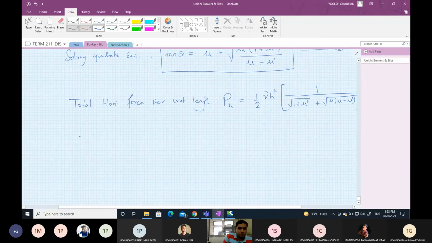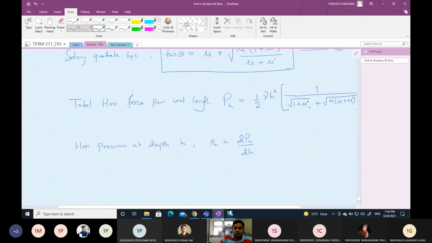So you can find the pressure at depth h. So the horizontal pressure at depth h, let it be small ph, will be equal to dPH/dh. Means differentiating the horizontal force with respect to h, you will get the pressure at any depth h.